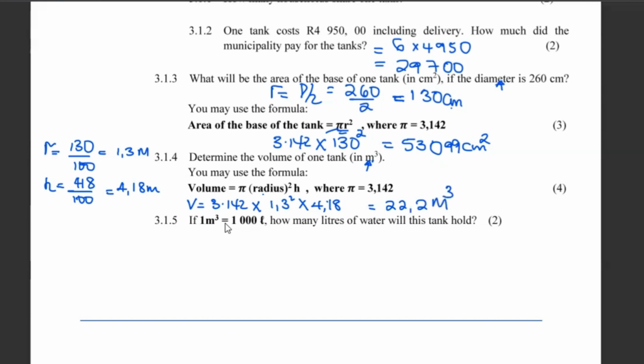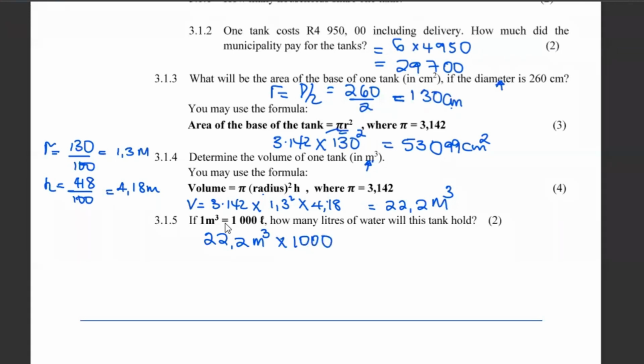meters cubed. So if 1 meter cubed equals 1,000 liters, how many liters of water will this tank hold? So you already have it as 22,2 meters cubed. If you only have 1 meter cubed, you have 1,000 liters. So we have 22. So what do we mean?